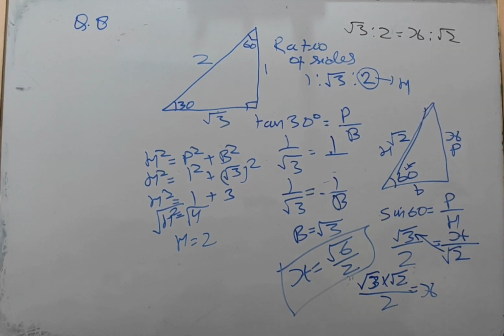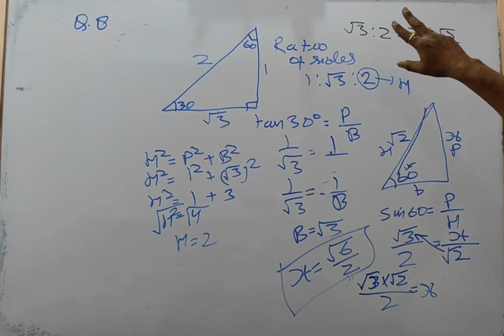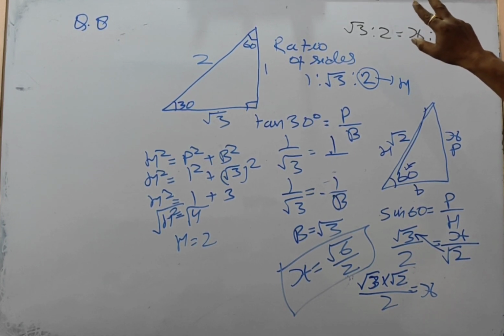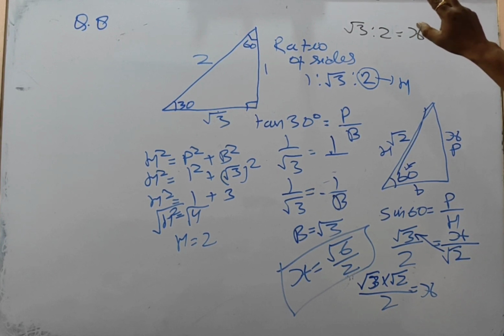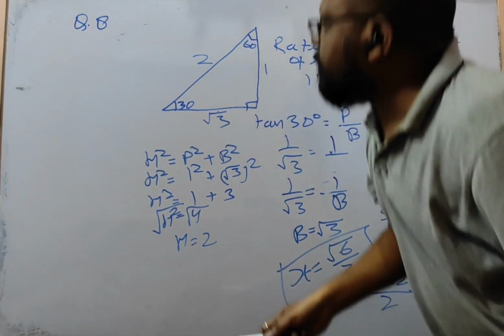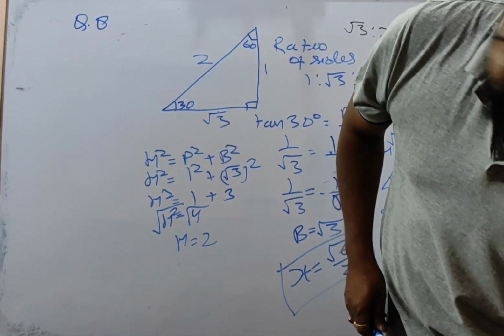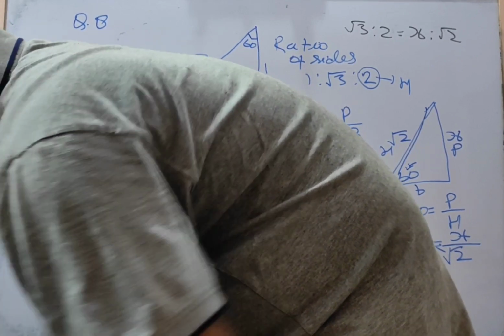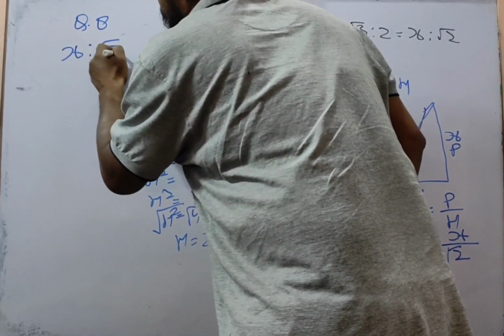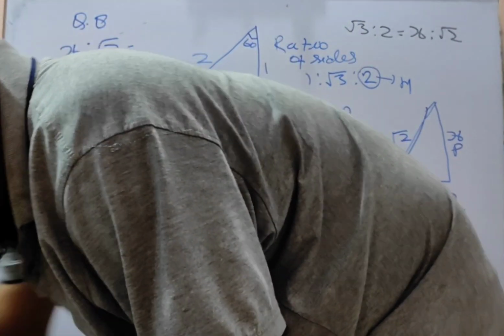They have directly written it: root is given, root x. How do you get this? Root 3 by 2, they have taken the same thing, but they have not written it there. Please try to understand me. Can I do it here on this side? What I'm seeing, there is written here x ratio root 2, right?